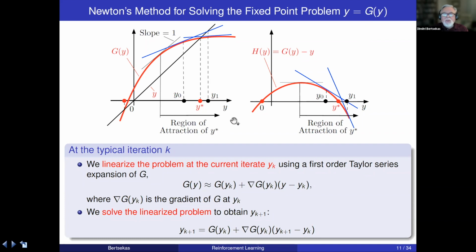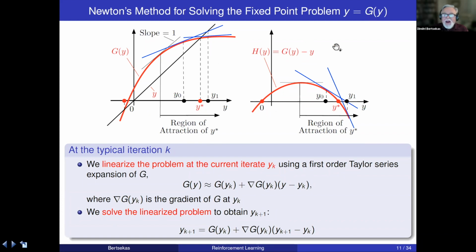Okay, so this is Newton's method. It has extensions to multidimensional problems, solving systems of nonlinear equations or multidimensional fixed point problems. And you have probably seen it for the case where this g is differentiable.